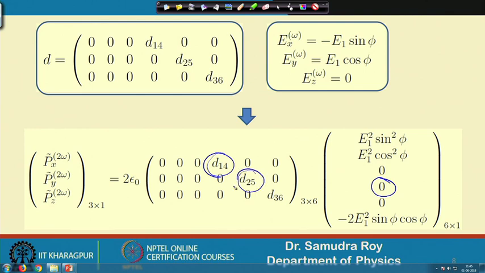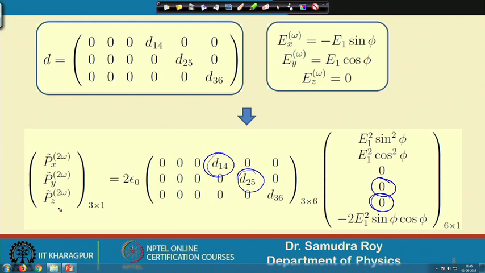This term is responsible for generating some term corresponding to p y, but in this matrix we find the quantity here is 0. So, that means we also have p y 0. So, we have p x 0, p y 0, exactly as in the previous case, where p z was also 0 there.